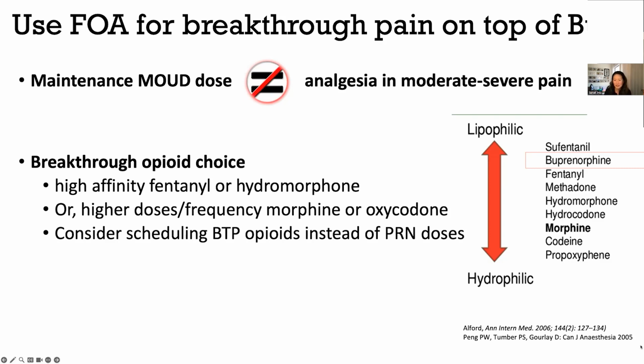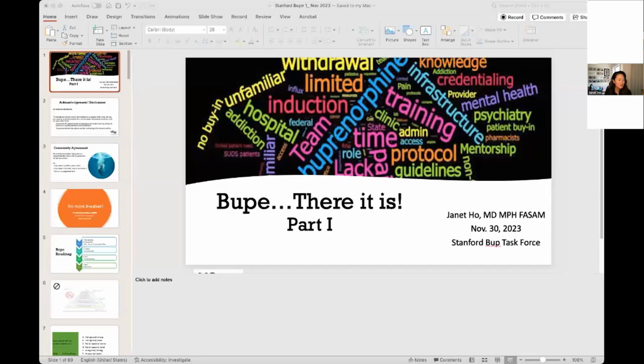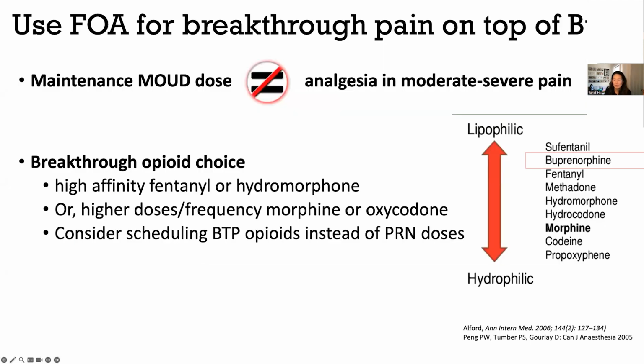Any questions? Janet, we just got one question about special considerations for patients with kidney or liver failure when using Bupe. I think you maybe mentioned this earlier, but maybe just to reiterate those considerations. Yeah, so for patients with kidney failure and for those on dialysis, you don't need to make any modifications at all.